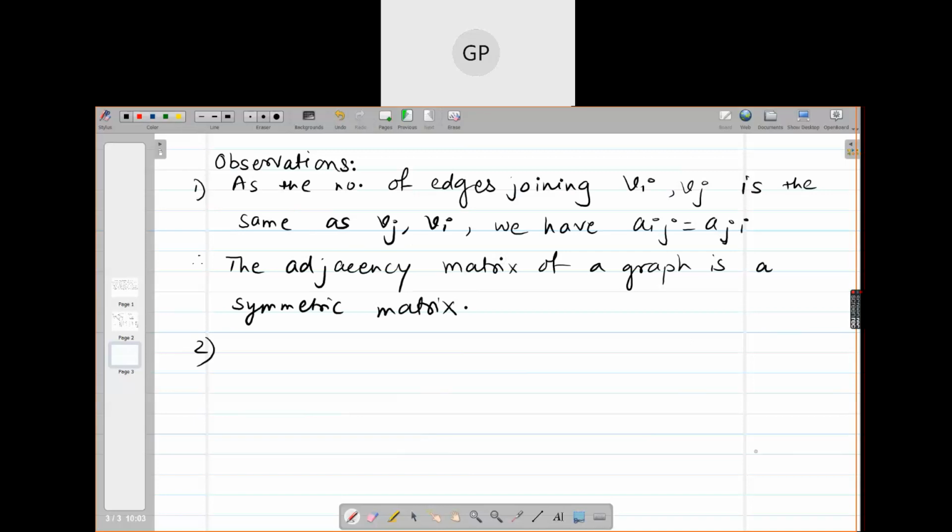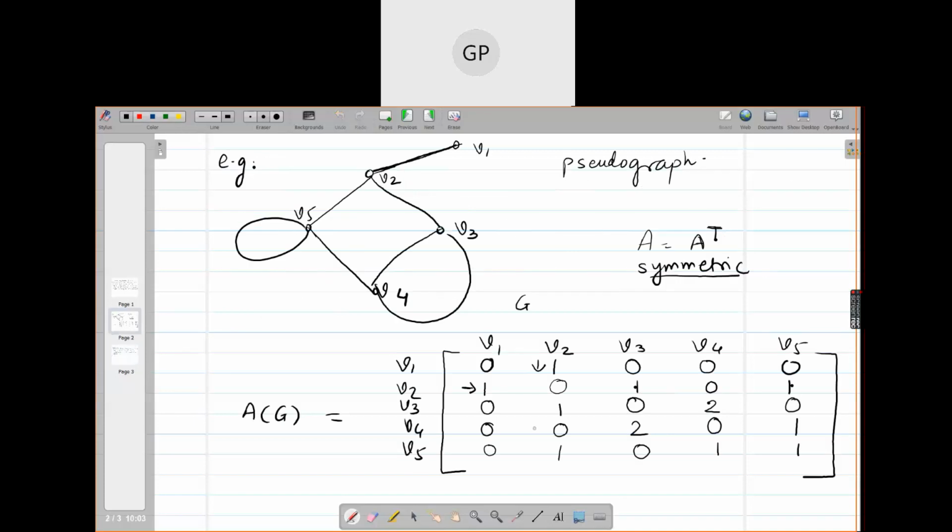Now what do you observe about the diagonal elements? Can you see the diagonal elements? Diagonal entries are all 0 except if there is any loop at a vertex. At V5, you observe that there is a loop, so that entry is 1.